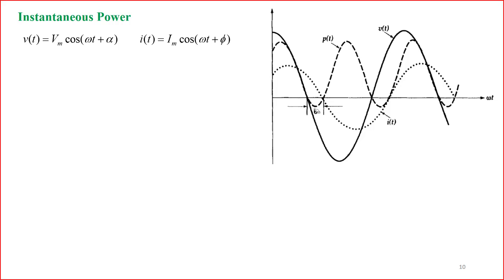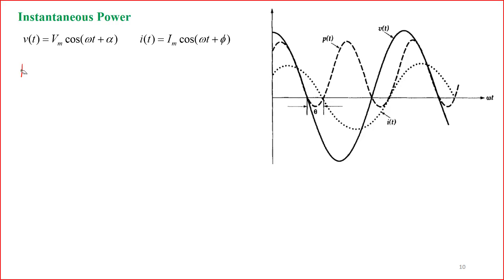Here we can see the waveforms of voltage and current and power, and how this power is derived. We can see here the voltage is written as v(t) equal to Vm cos of omega t plus alpha, i(t) equal to Im cos of omega t plus phi, right?